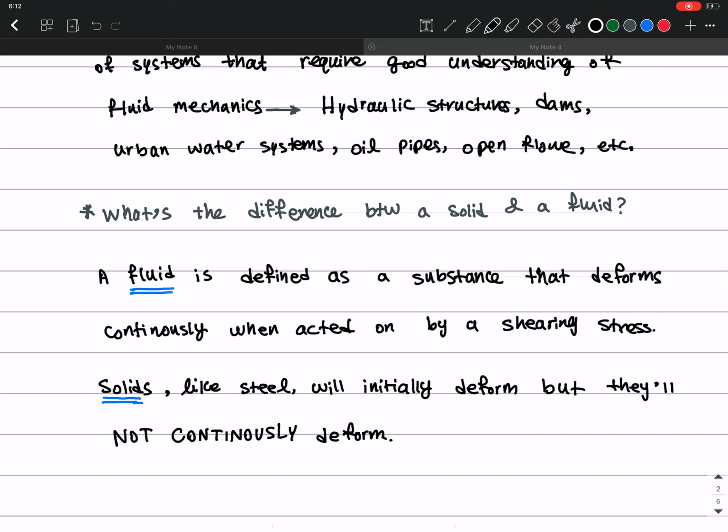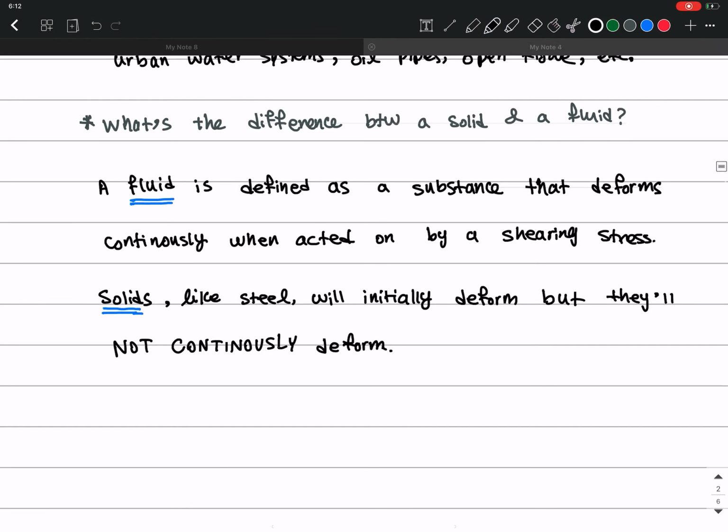So the difference here is about the deformation when we add a shearing stress on the body of a fluid or the body of a solid. Okay, so let's see what the difference is. Imagine you have a solid substance, like for example steel or any cube.